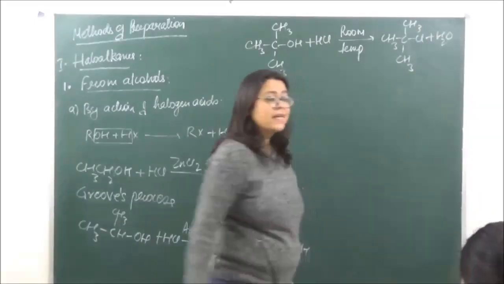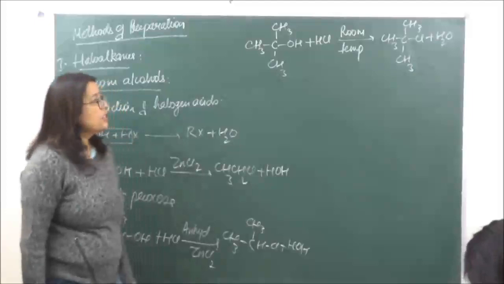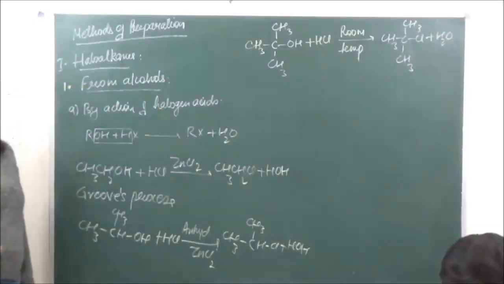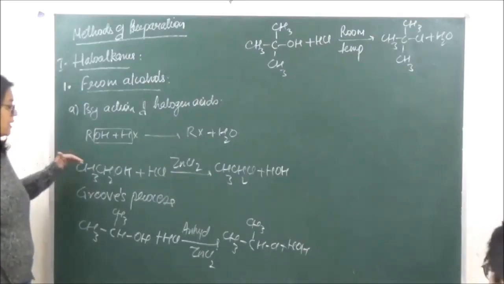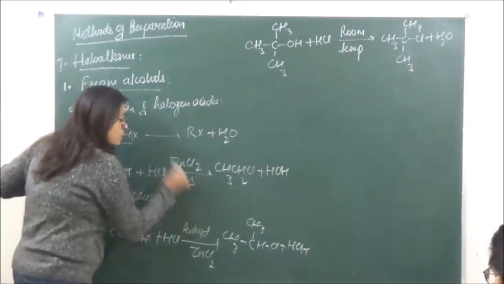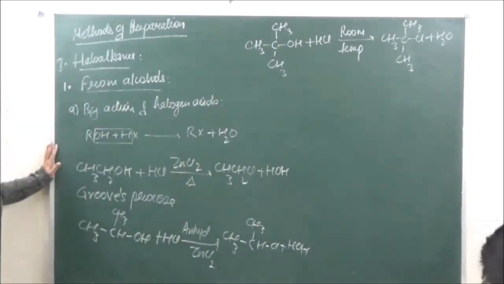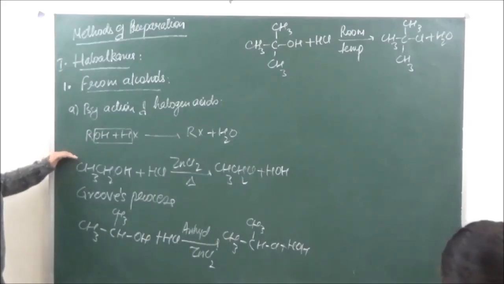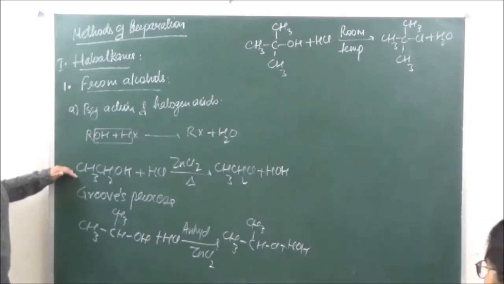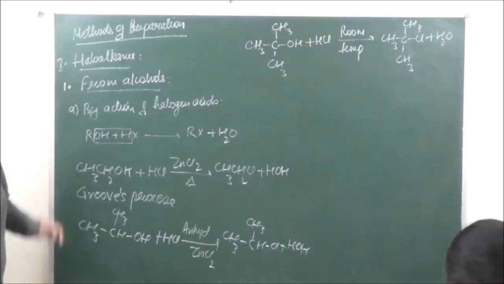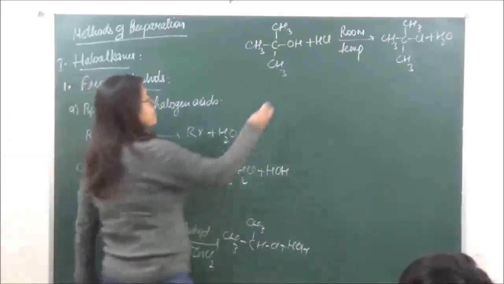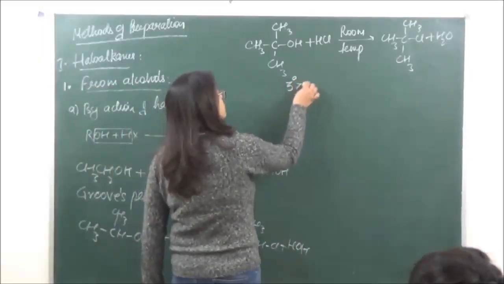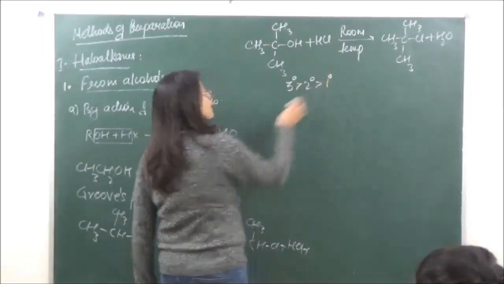So this very clearly indicates that the tertiary alcohols are going to be highly reactive. So if you're comparing these three reactions, the first one, in this case, we need to heat the reaction mixture. Basically, this is going to be the least reactive and tertiary is going to be the most reactive. So order of reactivity, if we are looking over here, is 3 degree, 2 degree and 1 degree.